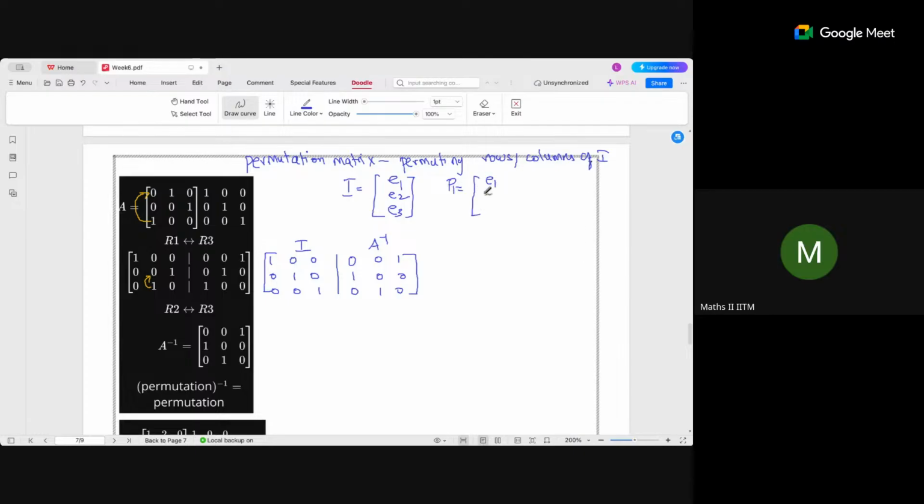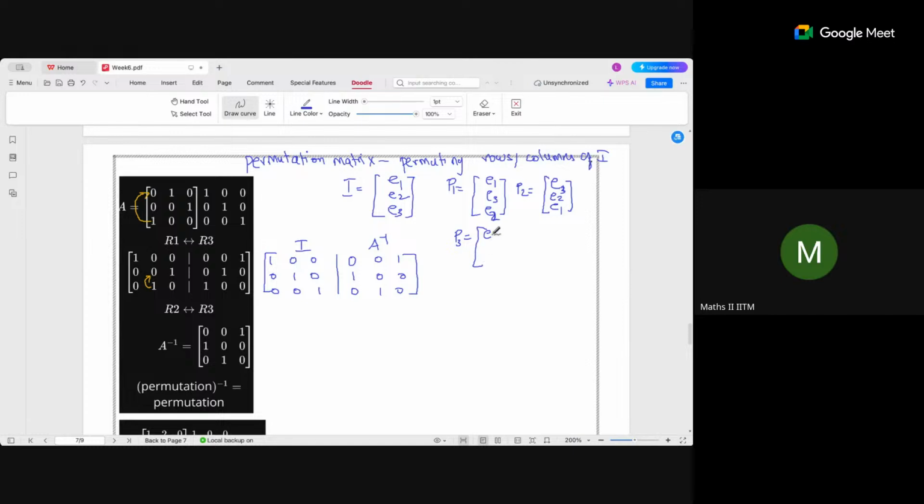E1 you are keeping as it is, and you are shuffling E2 and E3. So I am just permuting these two alone. Or you can also have E3, E2, E1. So like this you can do several permutations, right?